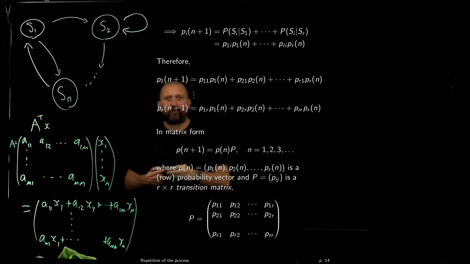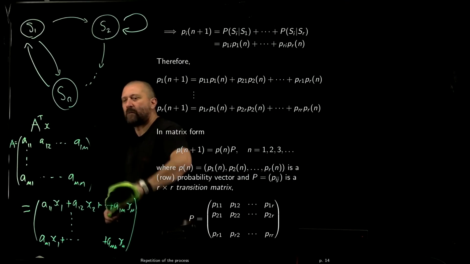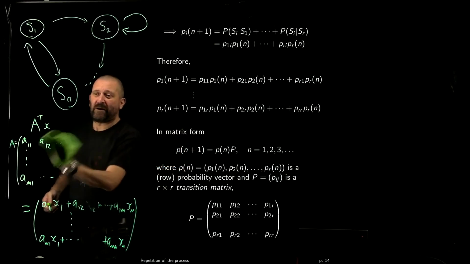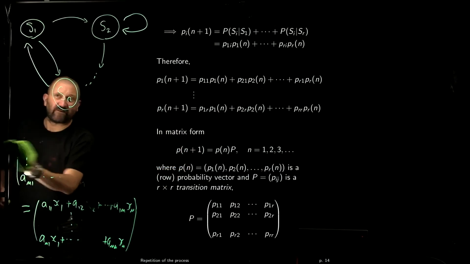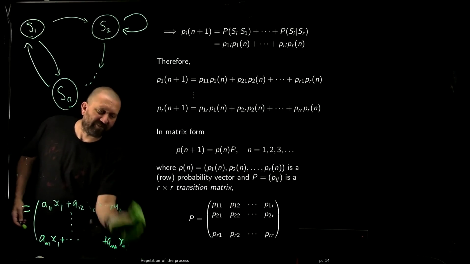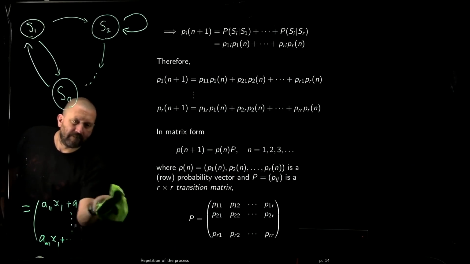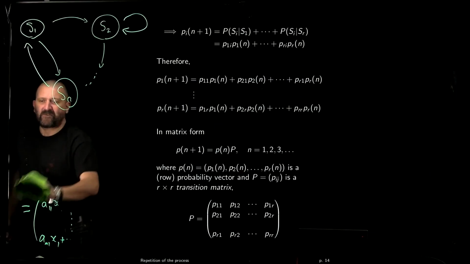But another way to do it, which doesn't involve the transpose, is to left multiply by a row vector, which amounts to the same thing. It's just the same way as writing the transpose. Think about it.